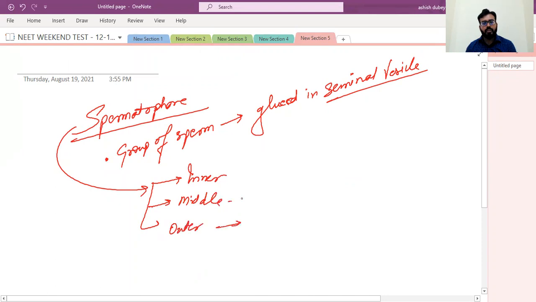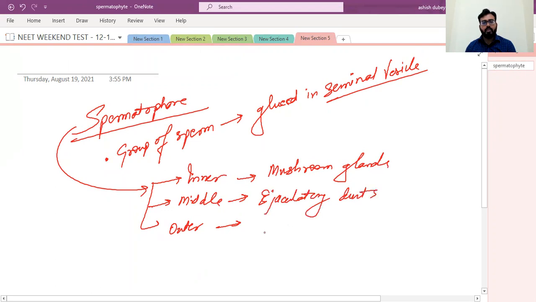So what are the sources of these layers? Innermost is from utricular glands or the mushroom glands. The middle layer by the ejaculatory duct itself. And the third and outermost layer is formed by the secretion of the phallic gland. Okay, so this concept should be clear to you.